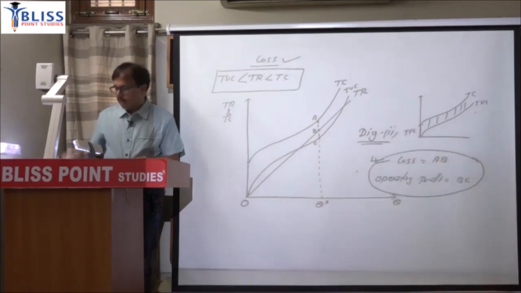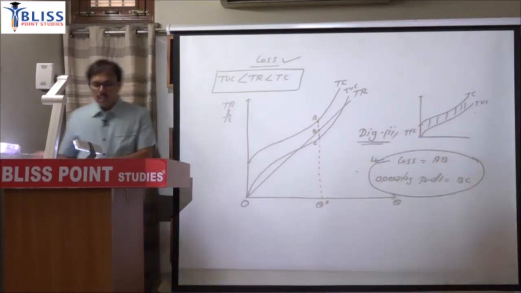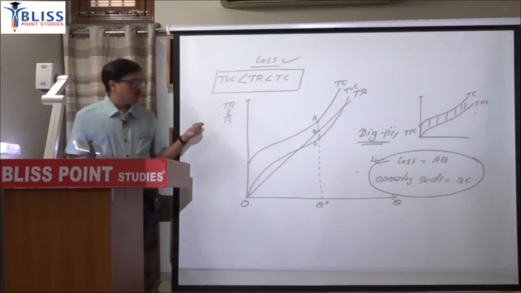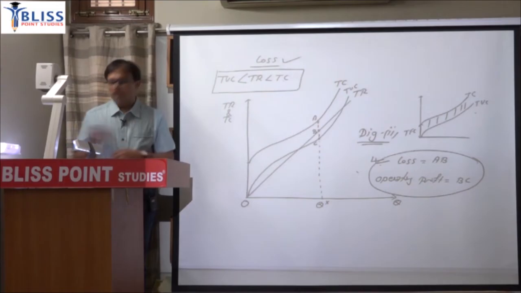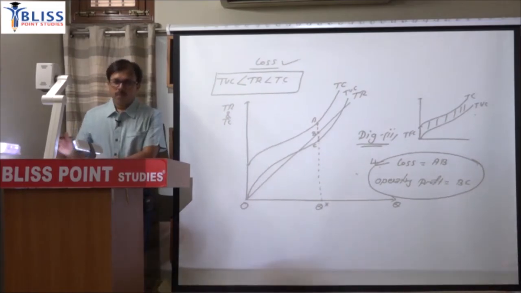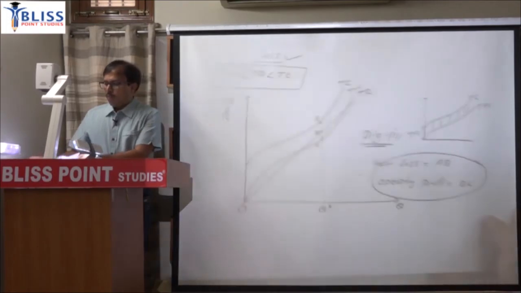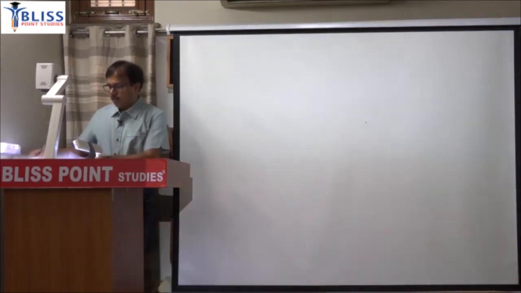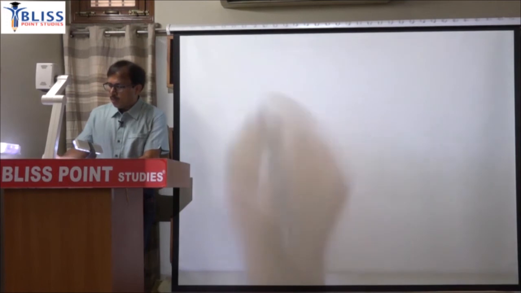loss, and you can use that third. So first was for supernormal profit, second is for loss, third is just for normal profit. We will have normal profit when the total cost line is just tangent on total revenue.